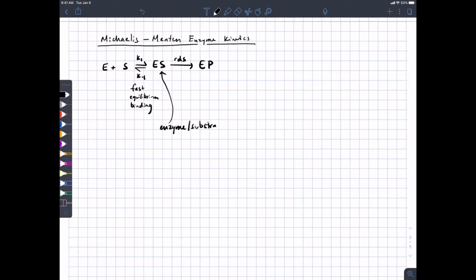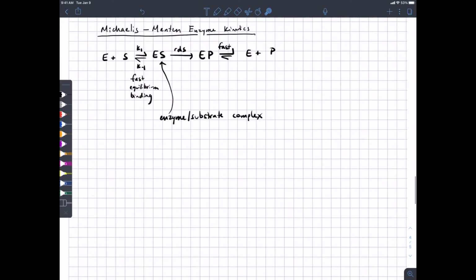ES stands for enzyme substrate complex. EP stands for enzyme product complex, and then you have fast dissociation to give the enzyme and the product. All we care about is the stuff that happens prior to the rate determining step.